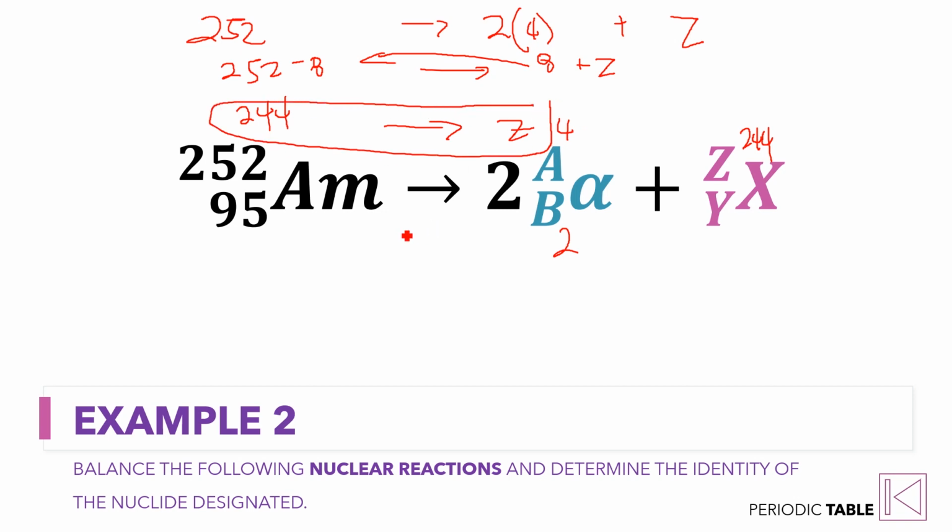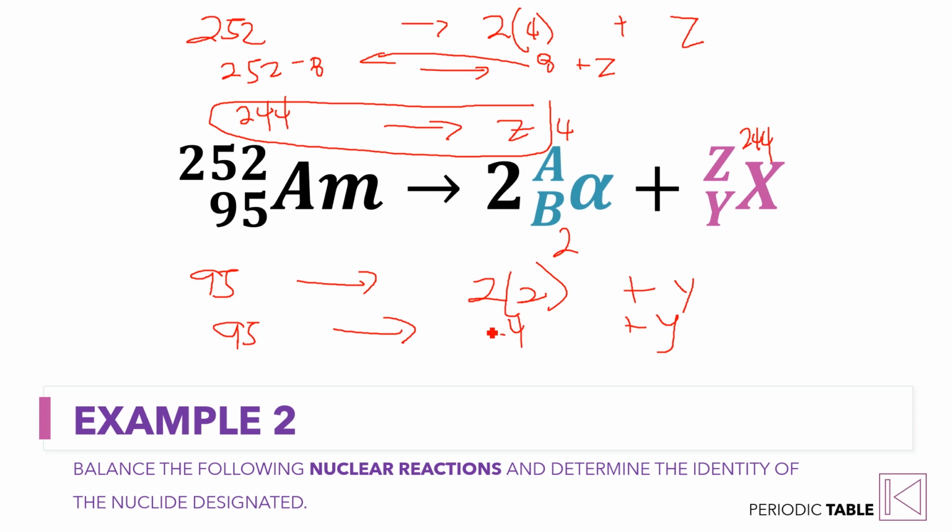So next is the one below. We have here 95 equals 2 times 2 plus y. So that's 4. 95 equals 4 plus y. So we move it to the other side. So that's 95 minus 4 for y.